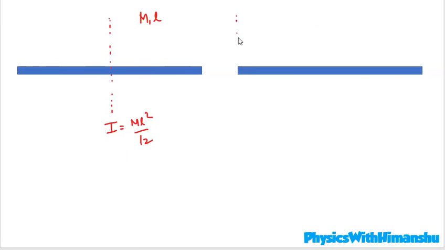And suppose the axis is passing through the side of the rod, same mass and length L, then moment of inertia will be ml square by 3. So please remember, if the axis is passing through the center, then inertia will be ml square by 12, and if the axis is passing through the side, then inertia will be ml square by 3.